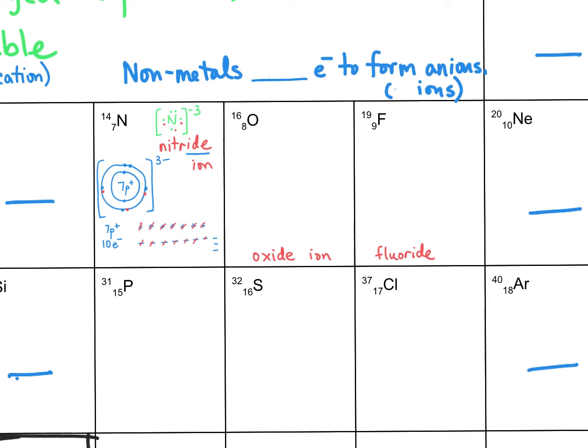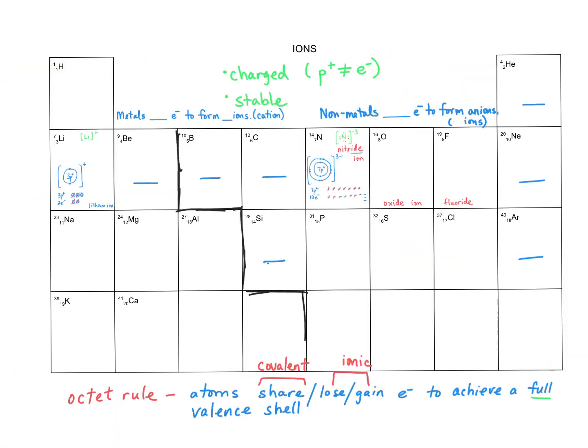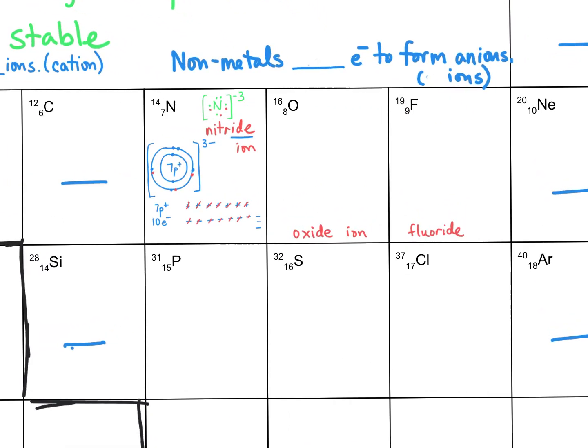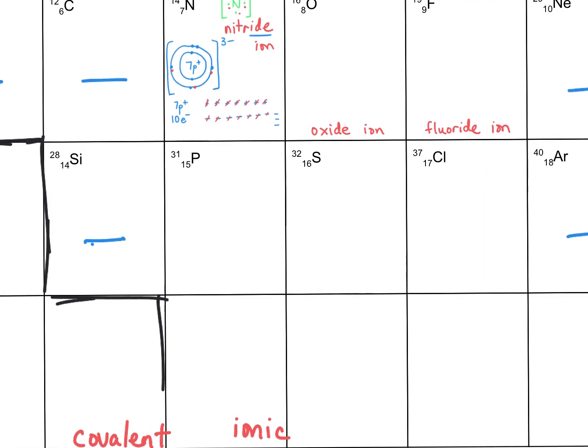So just to be clear, so you can see how this links to the nomenclature that you've learned in grade 10 and will continue to use, these are the names of these ions: phosphide ion, sulfide ion, chloride ion. And so the nonmetals, we always see this IDE ending.